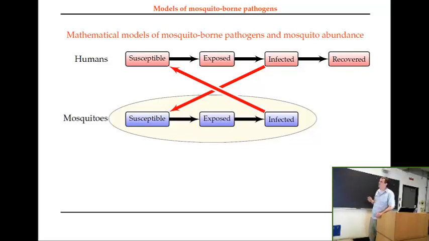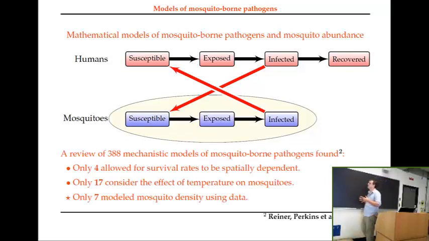Recently we did a systematic review of all mechanistic models of mosquito-borne pathogens. Of the 388 mechanistic models of mosquito-borne pathogens, incredibly only 4 allowed for survival rates of mosquitoes to be spatially dependent. Only 17 considered the effect of temperature in any way whatsoever, whether it be realistically forcing using temperature data or just using temperature in a very simplistic, non-data-based way.